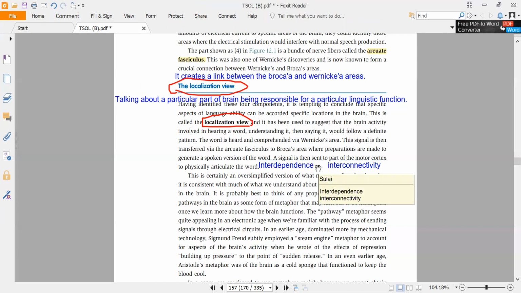So for example, if we say that Broca's area is responsible for the production of speech and it cannot perform any other role, we may be wrong. This idea may be misleading. Why? Because Broca's area is connected with other parts of the brain, such as Wernicke's area and many other areas of the brain, in hundreds and hundreds of ways, right?